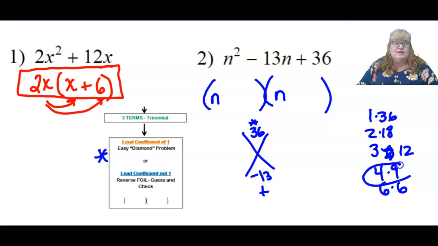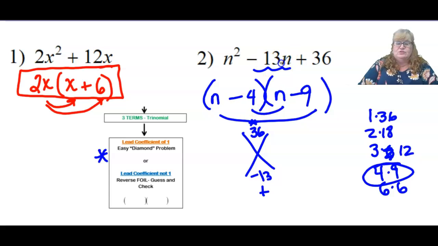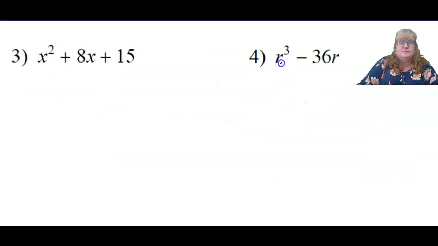So let's see, I'm thinking these add up to 13. So what if we did a minus 4 and a minus 9? Negative 4n and negative 9n would make negative 13. And then the first times first is n squared, last times last is 36. It's that middle term that's a struggle to get sometimes.